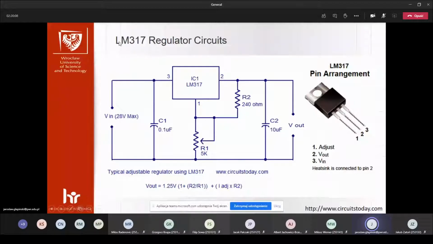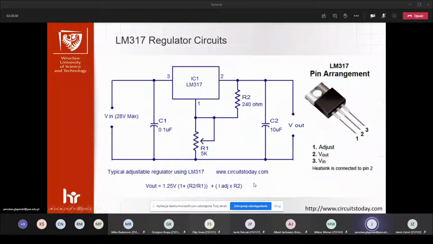The LM317 is an example of such a regulator. In this case, we can set the output voltage by setting the proportion of these two elements. If we've got a variable resistor, we can have a variable output voltage.